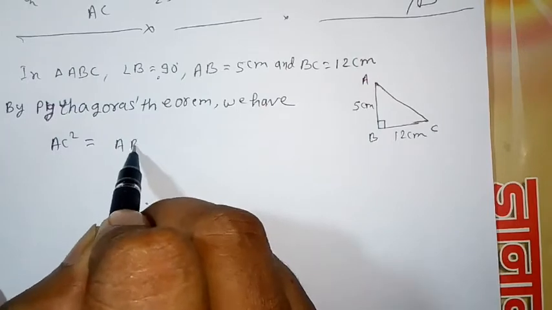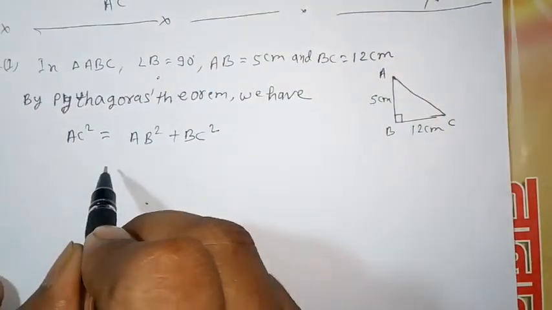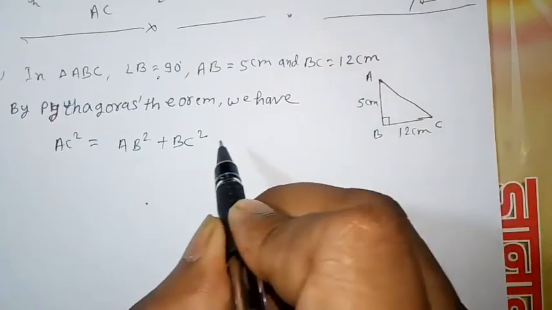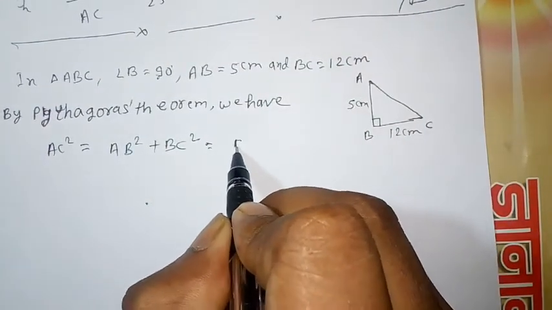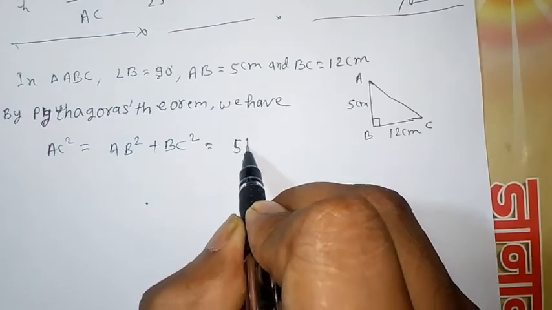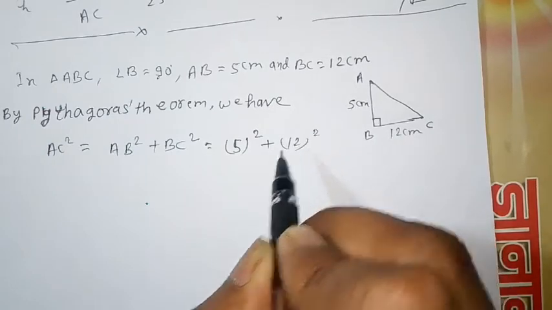AC square is equal to AB square plus BC square is equal to 5 square plus 12 square.